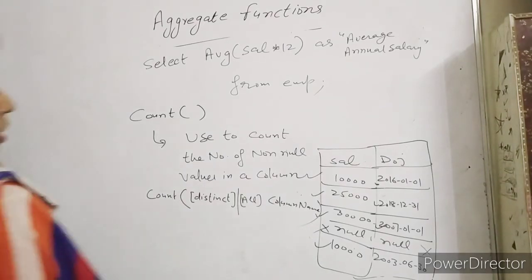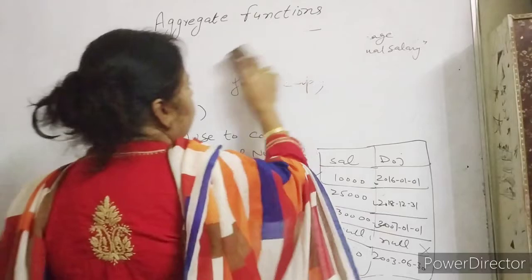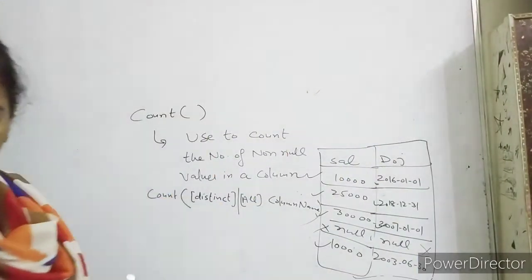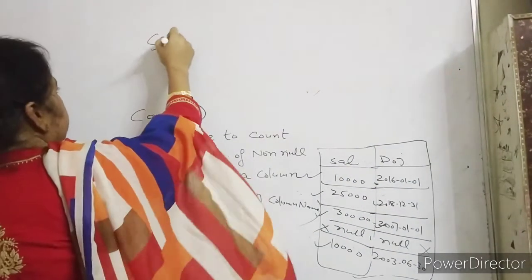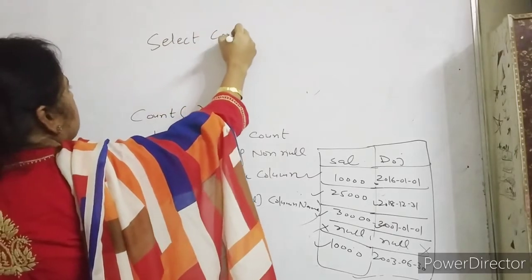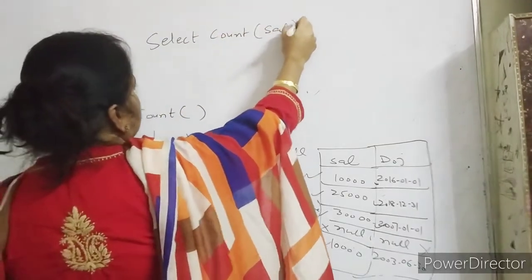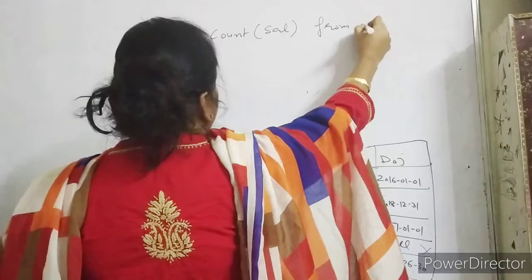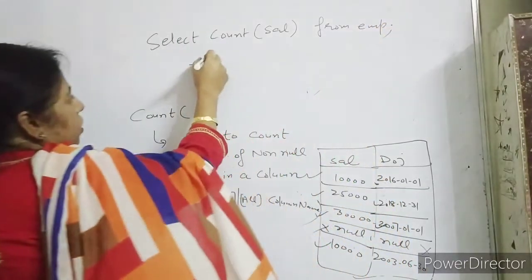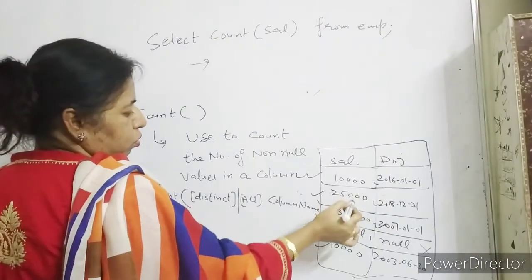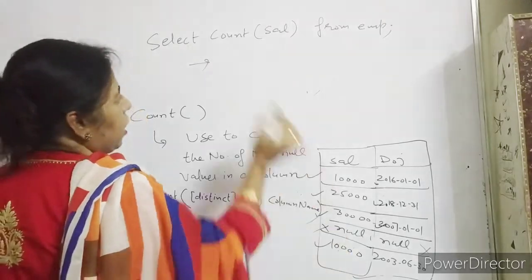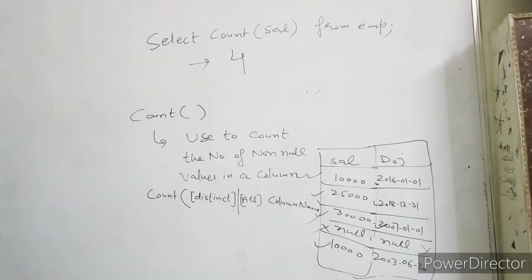Suppose I want to calculate the count of the salary column. What will you write? Select count salary from EMP. What will you get? Count salary: 1, 2, 3, 4. Ignore this null, and you will get the answer 4.